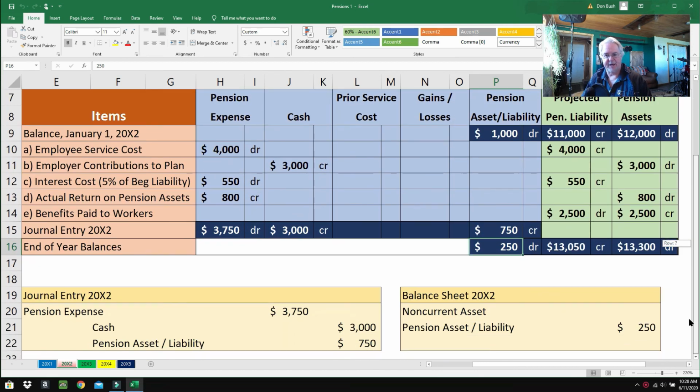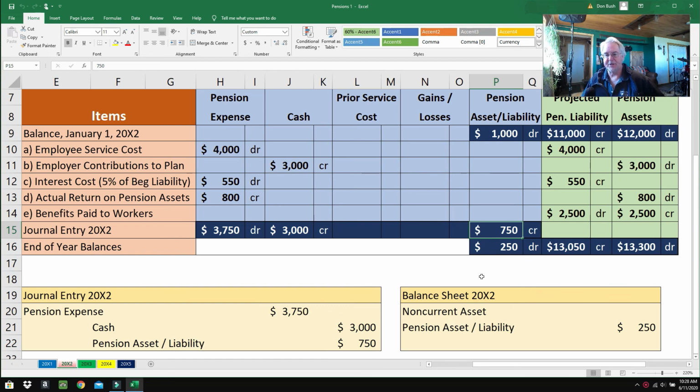So coming down the page here, here's the journal entry, pension expense, $3,750. Where'd we get it? We get it right there out of pension expense. Bingo. Cash. Cash was spent here, $3,000 credit for cash. The pension asset liability, $750 credit. There you go. And on the balance sheet for 2002, the non-current asset.